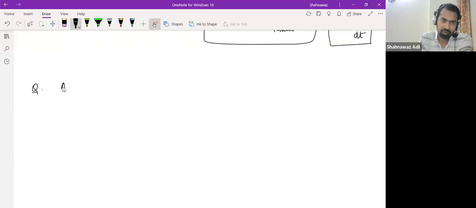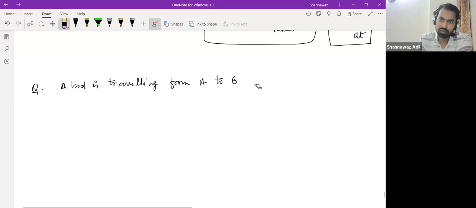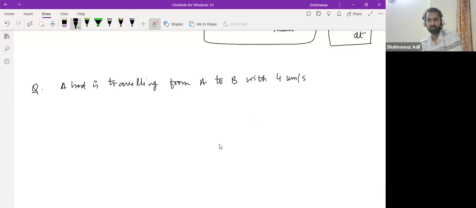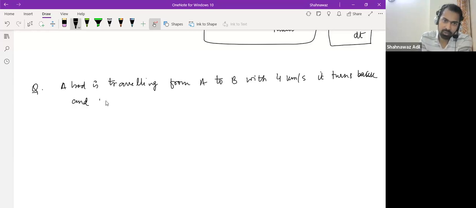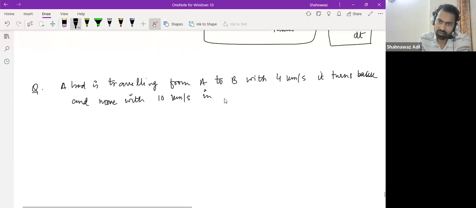Let's say we have a body traveling from A to B with 4 kilometer per second, and then it turns back and moves with, let's say, 10 kilometer per second, in let's say 5 seconds.